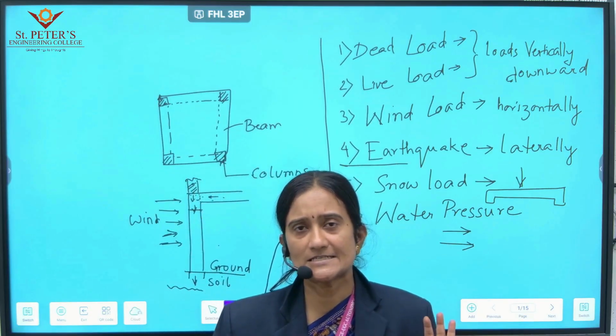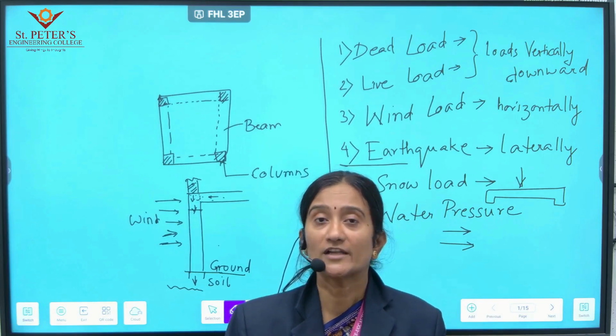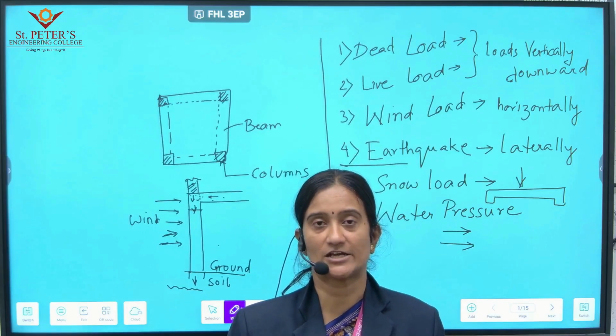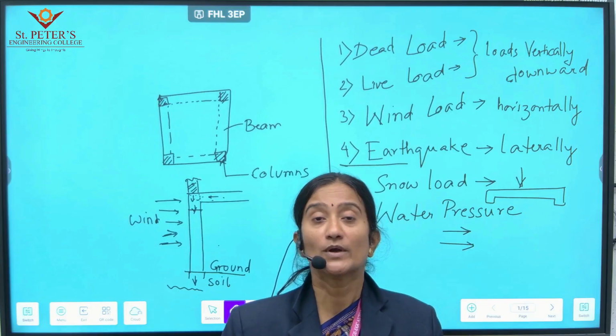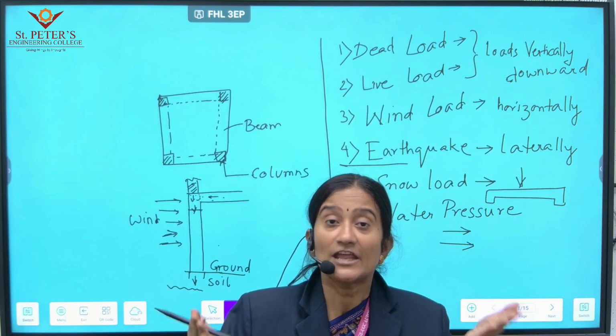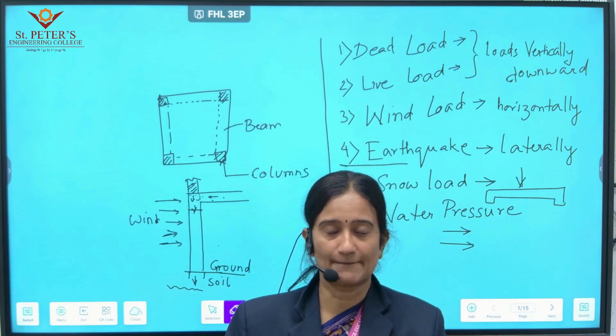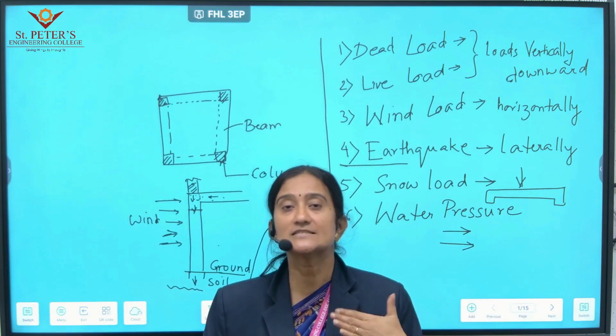Now what is analysis? Analysis is finding out what loads and forces are acting on a structure, what the moment is, what the bending is, and how much it may deform if those loads are applied. That is known as analysis. The next part is design.